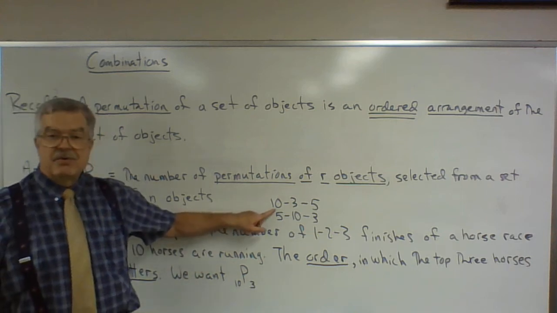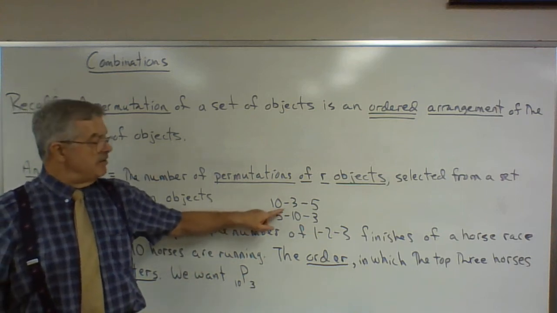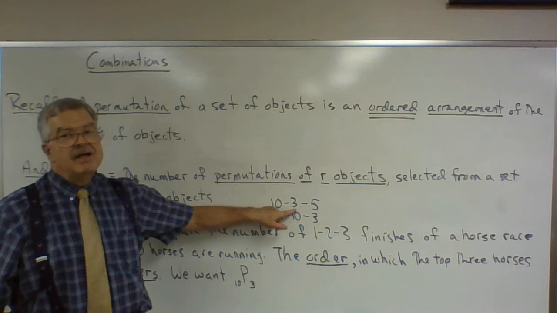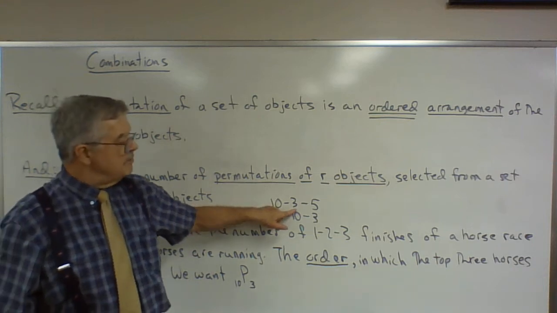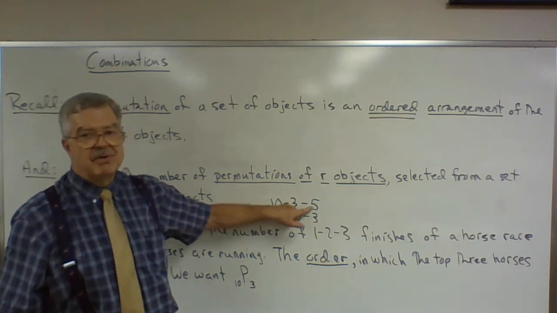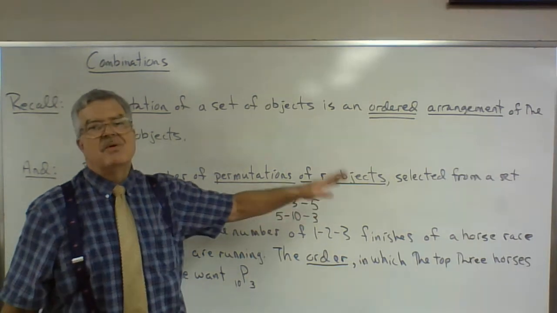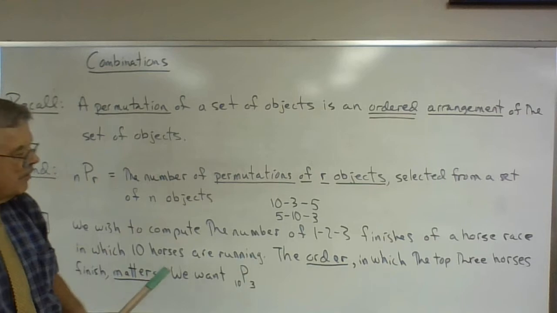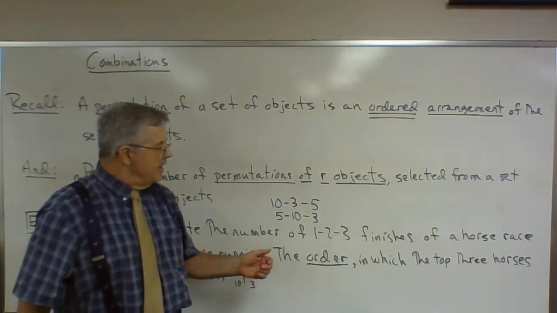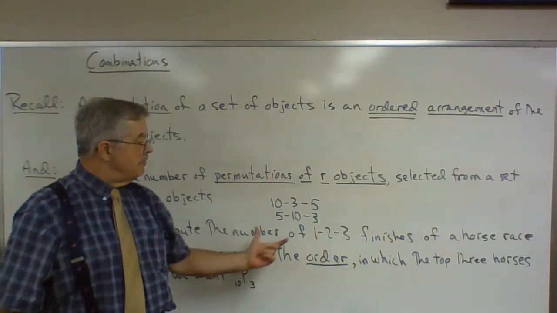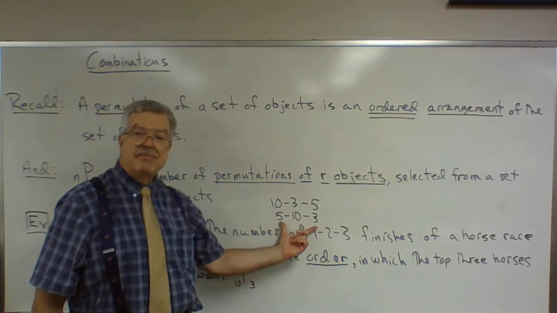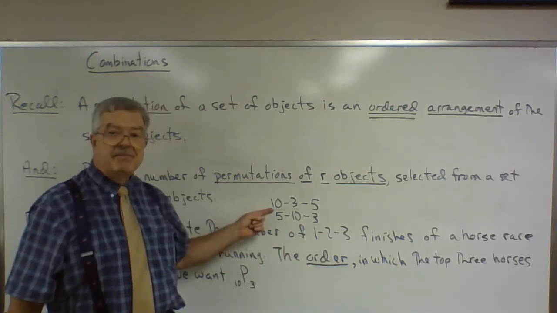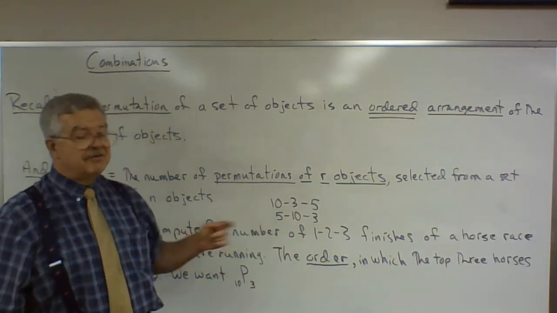The first place horse is going to pay more money than the second place horse. And the second place horse is going to pay more money than the third place horse. And none of the other horses are going to pay a cent. So order matters. If we bet on a horse, it's good that our horse is in the top 3, but it's even better if our horse is first.